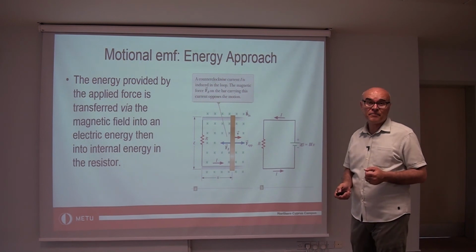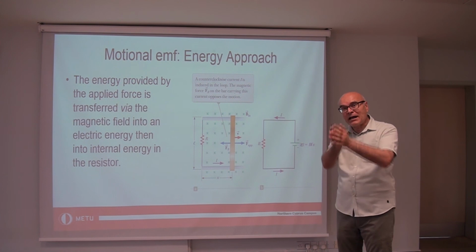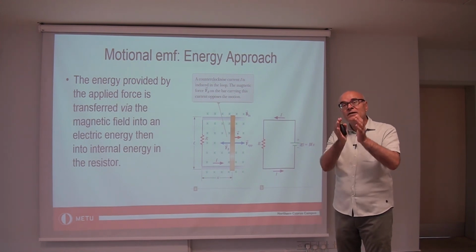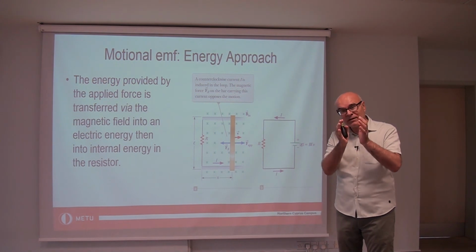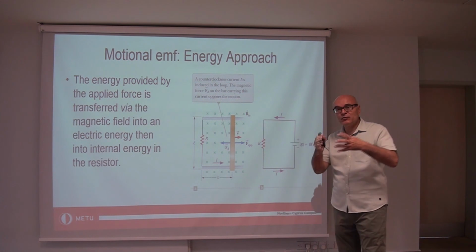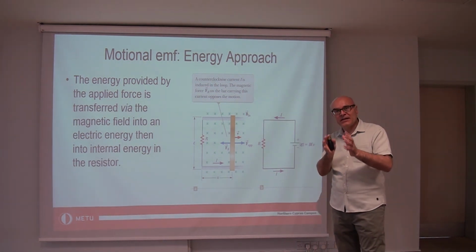Now, this energy transformation is the backbone of our civilization. This is how electrical power is generated. Of course, we don't have time to discuss generators in detail, but the principle is the same.